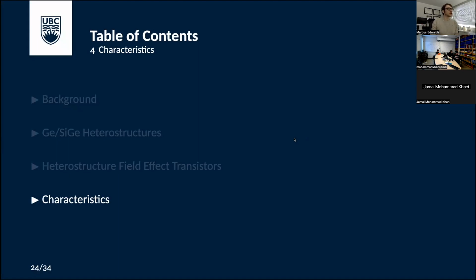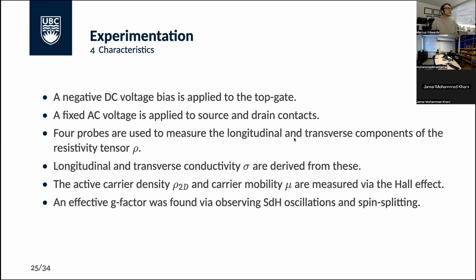Then I'll go into the characteristics that they measured. They did a number of experiments with this HFET device. First, a negative DC voltage bias was applied to the top gate. Then a fixed AC voltage was applied to the source and drain contacts. Four probes, which you could see in the previous image, were used to measure the longitudinal and transverse components of the resistivity tensor rho.